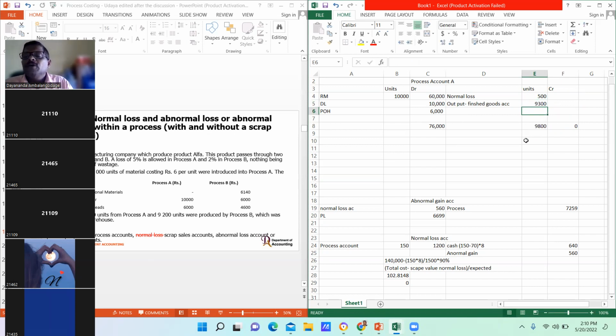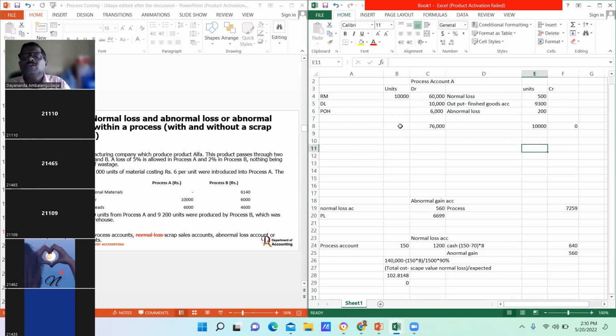Now you see the unit cost column. With regard to this process A, we can close the unit column. 10,000 on the debit side, and here 9,800. So thereby there is an abnormal loss. Are you clear? Abnormal loss, how much? 200 units.